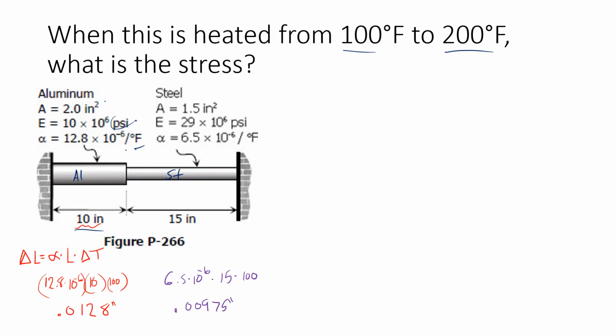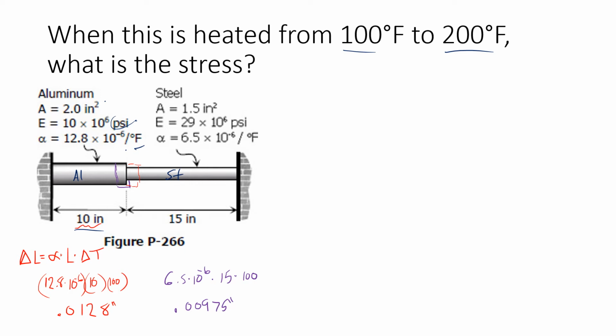Okay, so far so good. So what we know is the steel wants to expand by this much, the 0.00975, and the aluminum wants to expand by this much. They're pushing into each other. But it's not going to be a fair fight.